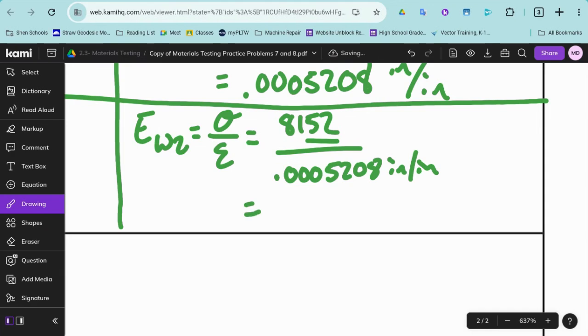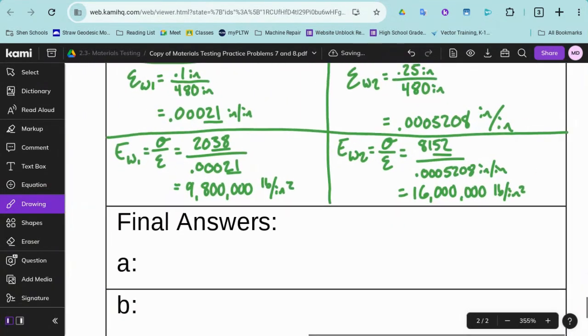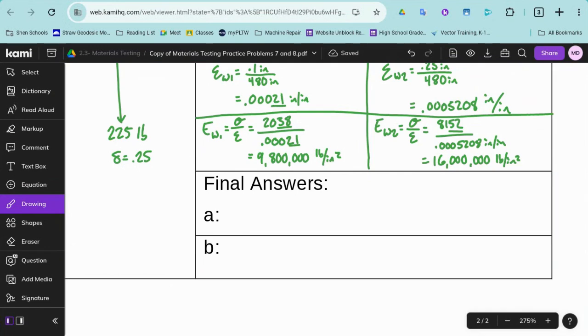And our modulus of elasticity this time comes out to about 16 million pounds per square inch. So rounding this number all the way at the 100,000s place really didn't make a difference in which material had the greater modulus of elasticity, far greater on wire 2.